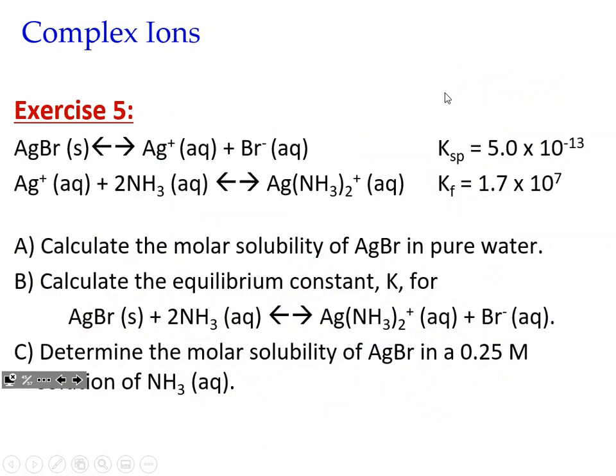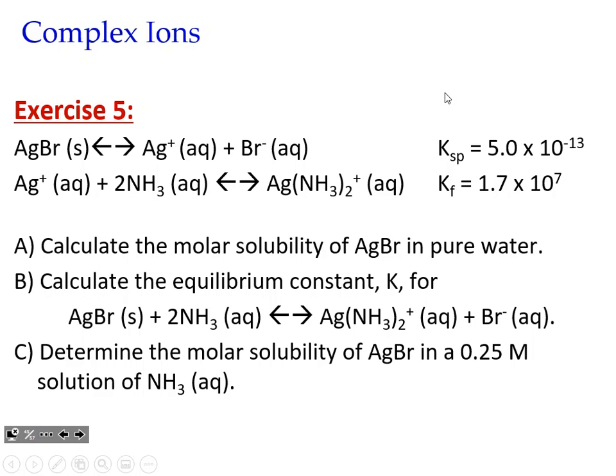Now, exercise 5. Exercise 5 looks very intimidating. It looks a little crazy. You've got all those chemical species up there. You've got Ksp, you've got Kf. But really, exercise 5 is a regular equilibrium problem.